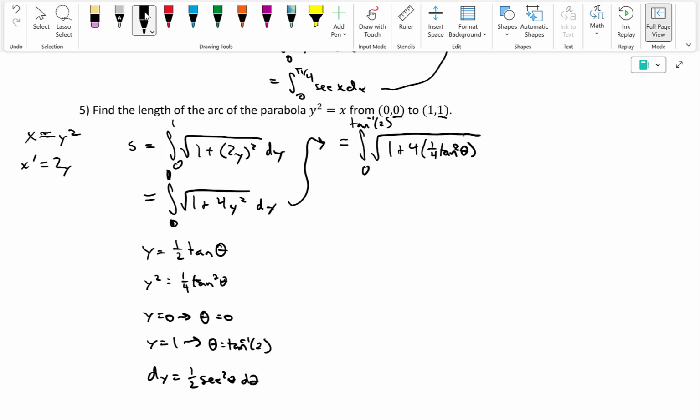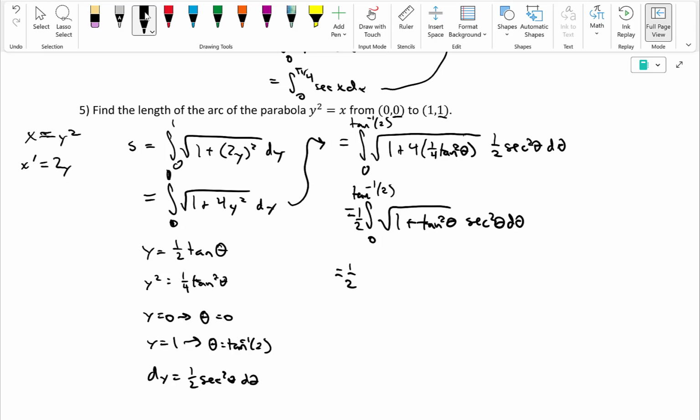And then outside, we'd have the 1/2 secant squared theta d theta. All right, so I think I plugged everything in, right? And then underneath the radical, we will simplify. That'd be the one that's just secant theta, but we can write out another step. 1 plus tan squared theta, times, we can bring that 1/2 out front, times secant squared theta d theta.